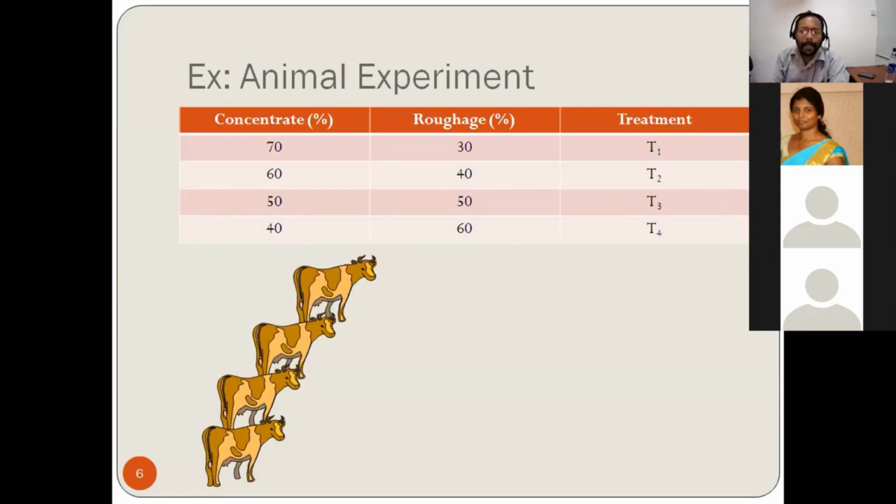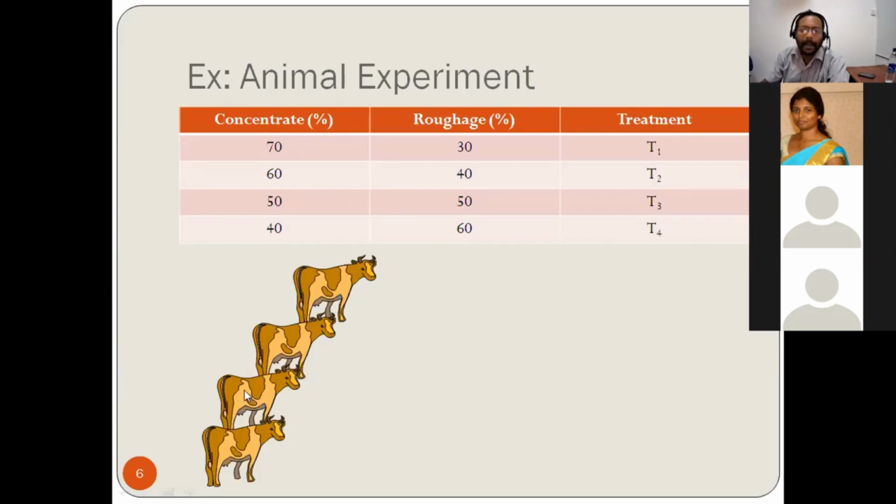Second step: forget about the concentrate or roughage that you are going to give. Practically as well as theoretically, milk yield depends on parity as well, isn't it? For example, let's say this cow is at third parity, this one at second parity, this one at fifth parity.